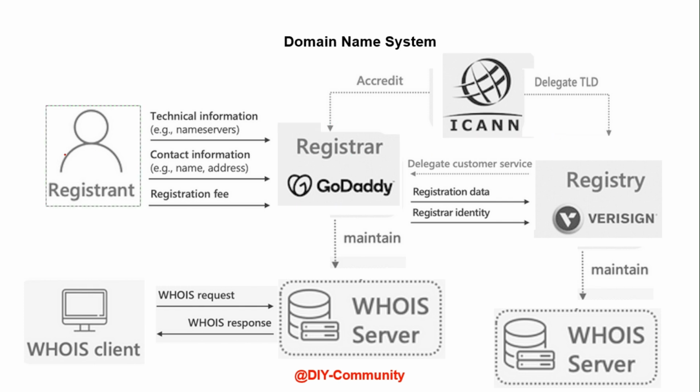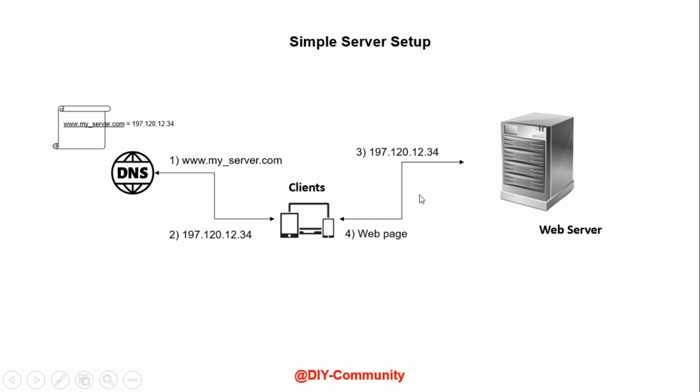And maybe within 48 hours, when all the servers get synced up, your domain name will be up and running. Now I'm sure you have understood how DNS server works.